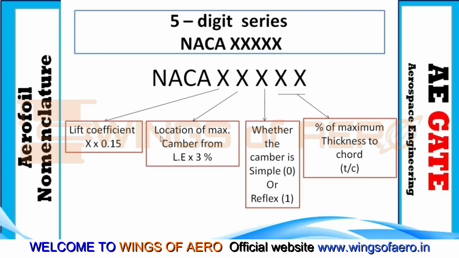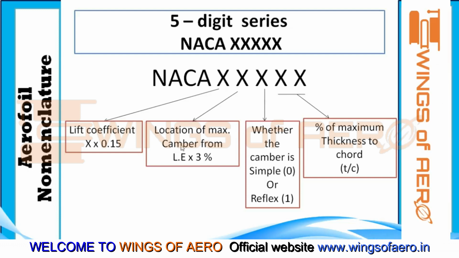Next comes the location of maximum camber from the leading edge, multiplied by 3. Suppose here you consider 2. The second digit 2 means 2 into 3, which gives 6. That is 6% of the chord, at that particular point it will have its maximum camber.